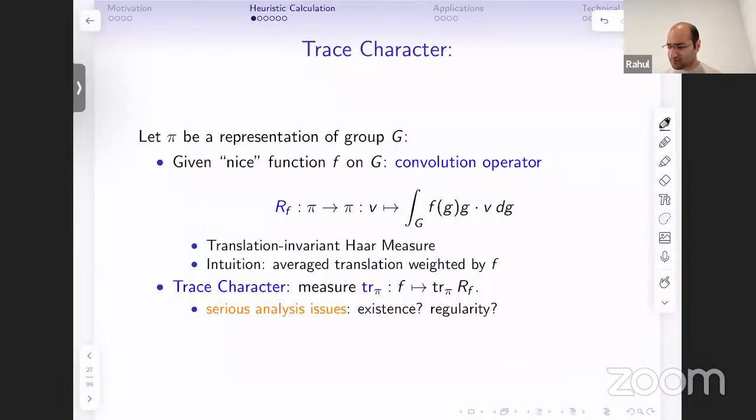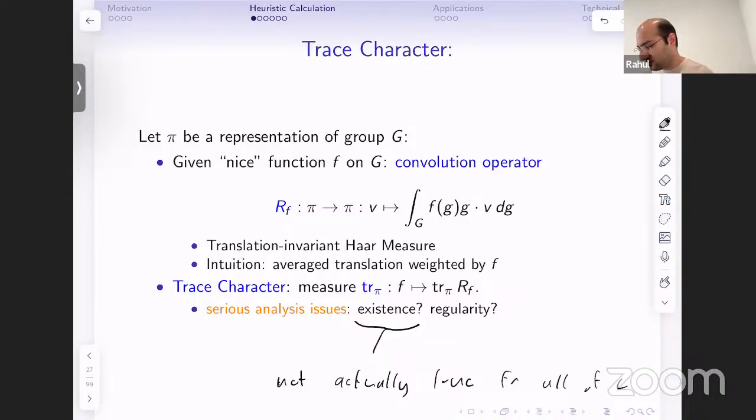For irreducible representations, there's a very good theory developed by Harish-Chandra. And actually, this is where things become a heuristic. This existence is not actually true for all of L2. And that's why this entire section is going to be heuristic, and we're going to have to correct everything with technical details later.